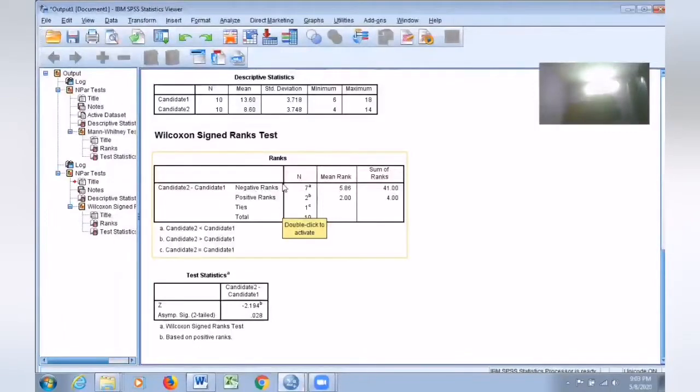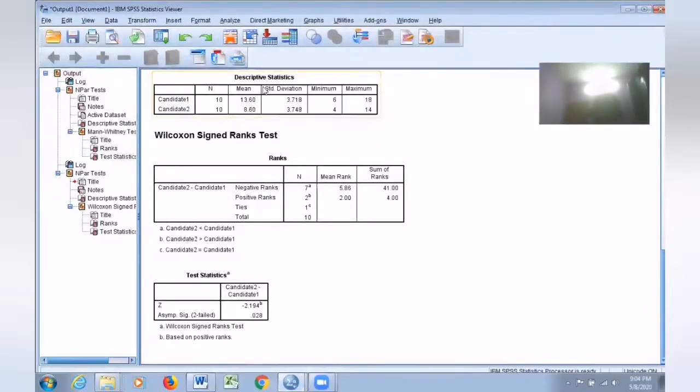Negative ranks mean that candidate 2 has 7 negative ranks compared to the first candidate, and candidate 2 has 2 positive ranks more than candidate 1, and both candidates have equal rank with regard to one teacher, one interviewer. So it's very clear that candidate 1 has more positive ranks and candidate 2 has more negative ranks, and candidate 1's mean ranking is 13.60 and that of candidate 2 is 8.60.